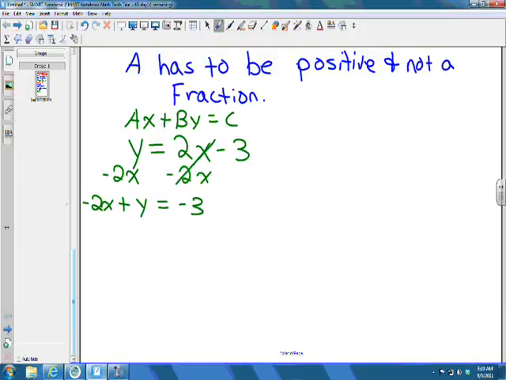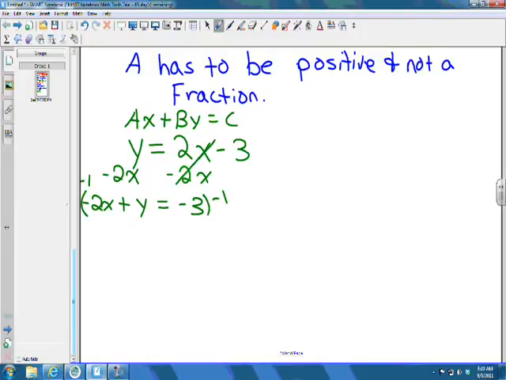So is everything in the right spot? Yeah, but what's the problem? The x is negative. This can't be negative. This has to be positive. That's what that rule right there says. So how would we make it positive if it's negative? Divide or multiply either one, doesn't matter which, everything times negative 1.